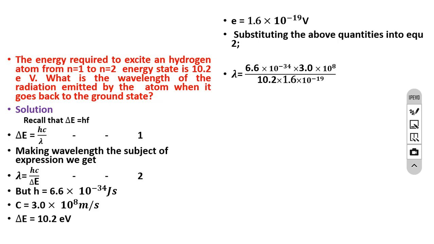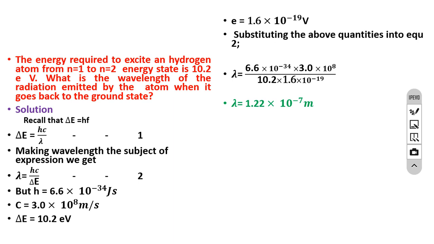In place of h, we put 6.6 times 10 to the power minus 34. In place of c, 3.0 times 10 to the power 8. In place of the change in E, which is 10.2 eV, we have 10.2 times the value of the charge, which is 1.6 times 10 to the power minus 19. When you simplify this, you arrive at this.